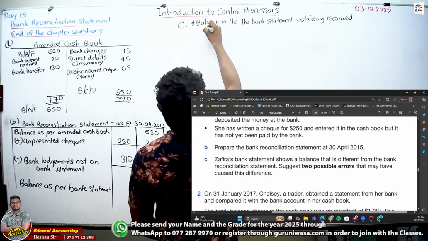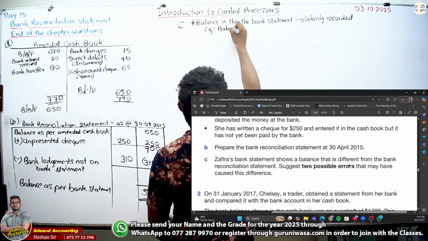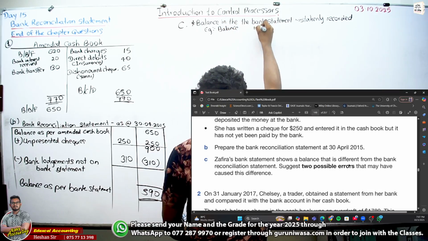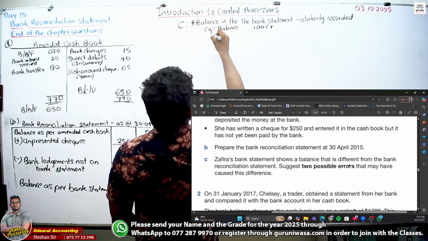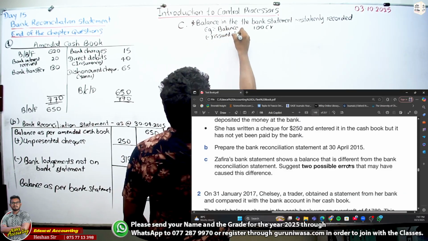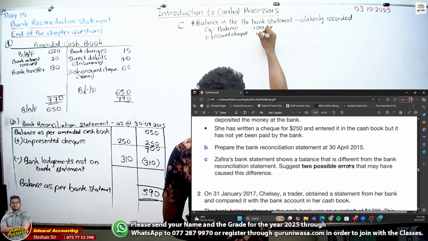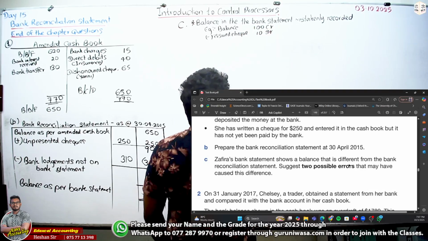Example, now think: balance 100 credit, minus issued check 10, which means debit.